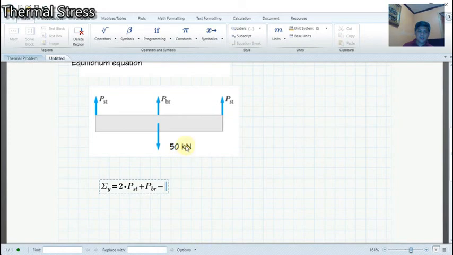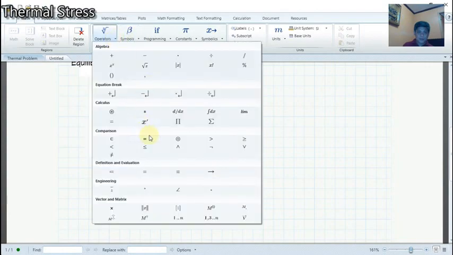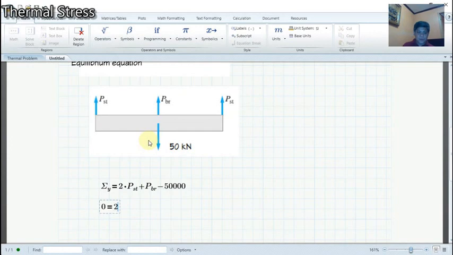So here, instead of 50, we'll have 50,000 newton. Okay. Since this is in equilibrium, this should be equivalent to 0. So our equation now would be 0 is equivalent to 2 times PST plus PBR minus 50,000.